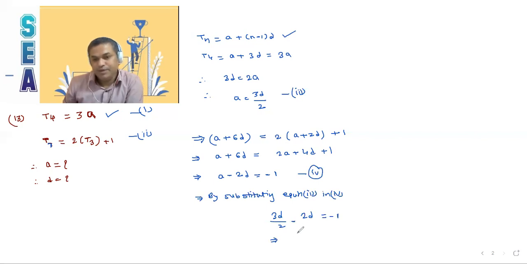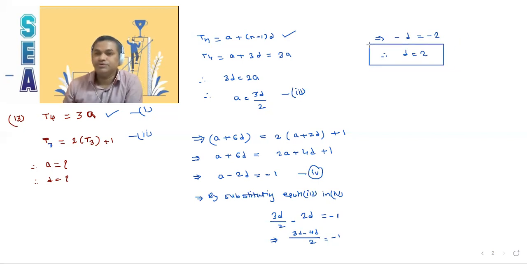So that will be 3D minus 4D divided by 2 is equal to minus 1. Thus we will say that 3D minus 4D is minus D is equal to minus 2. Thus D is equal to 2.